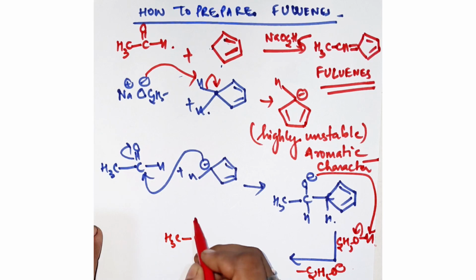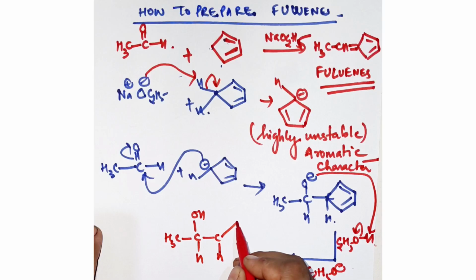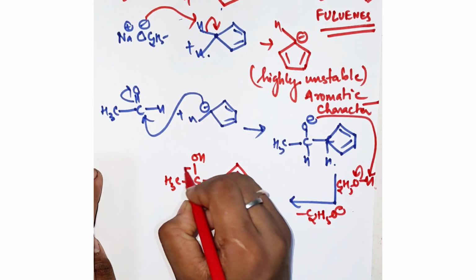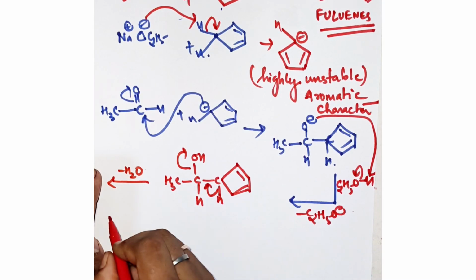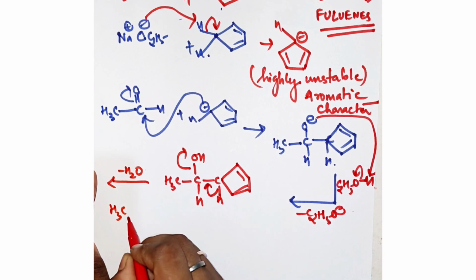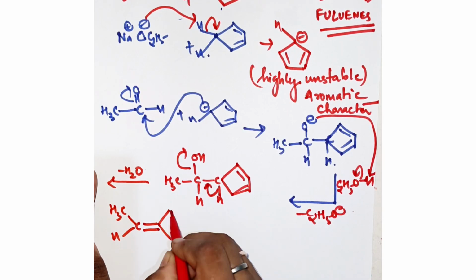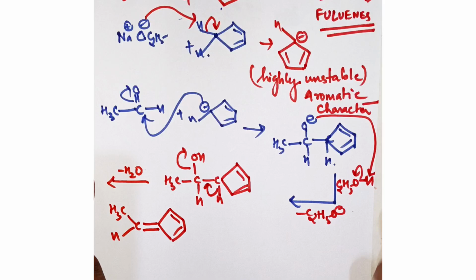CH3, C, OH, H, CH. Okay, so now what will happen? A small molecule of water will go out, and you have this double bond. See this as your product. Okay, so we have got this one as our product. This is called your fulvene.